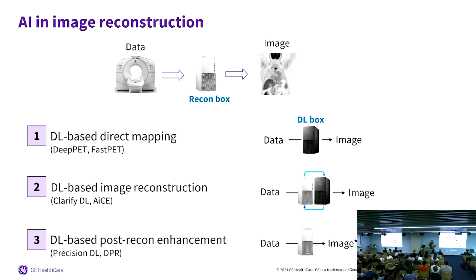The challenge is there are a number of academic papers and some manufacturers working on that category of AI reconstruction. The challenge is the network has to learn about the physics, system matrix, attenuation correction, let's say PSF, everything. But it's really fast. The moment it learns, it can generate the image in a matter of milliseconds. The second category says, no, we have experienced 40, 50 years of image reconstruction.